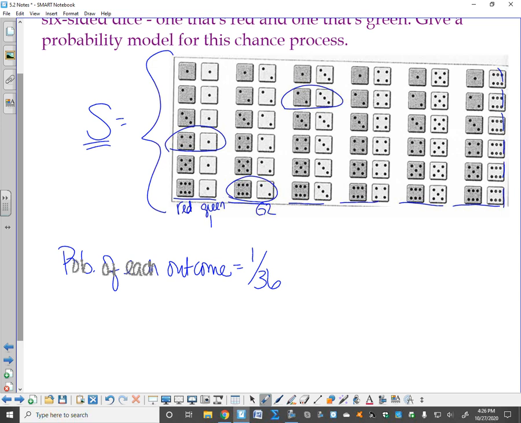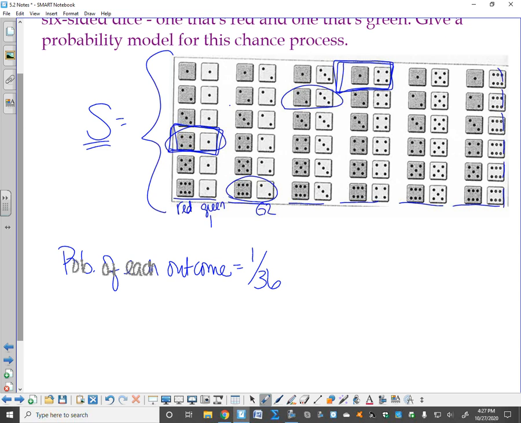Now, saying that we had 2 different colored dice helped. Look at this 4, 1, and that's 1, 4. Rolling two different colored dice, 4-1 and 1-4, it's very easy to see that those are two different outcomes.